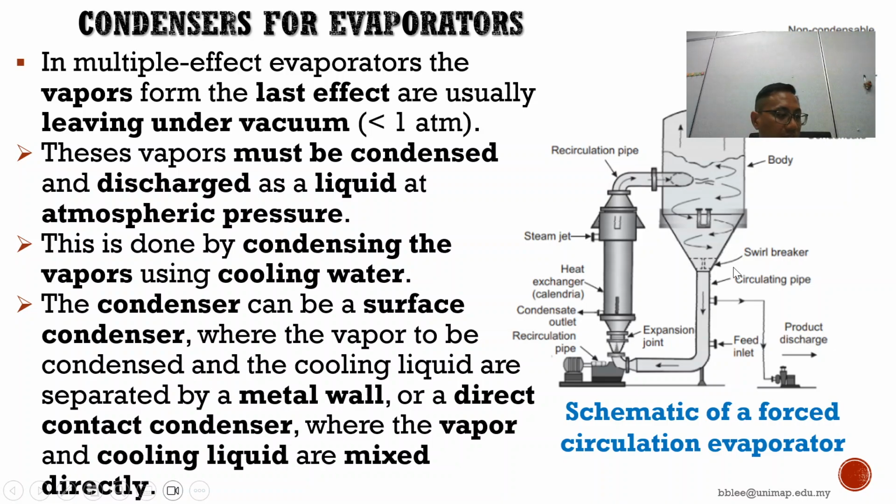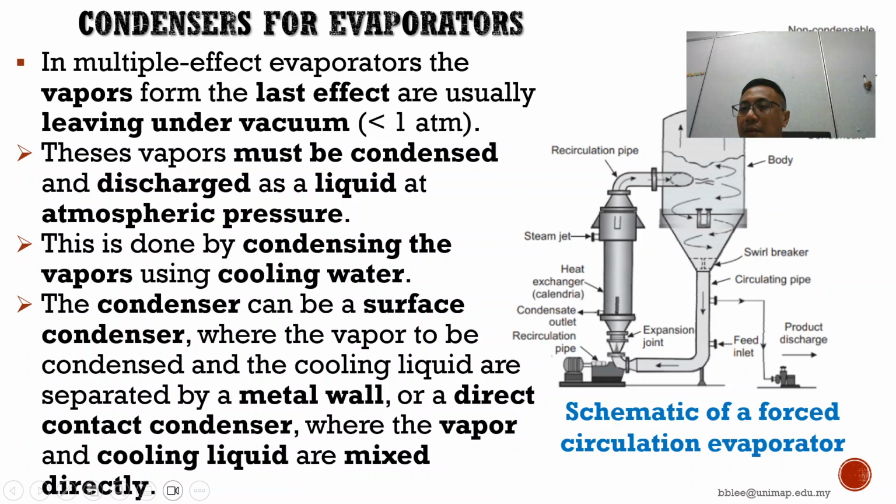I'm showing the figures here. When coming out from the evaporator, for example, this is a heat exchanger, we need to introduce cooling water to cool the vapor, and then it starts to condense and we can collect it from the separator.